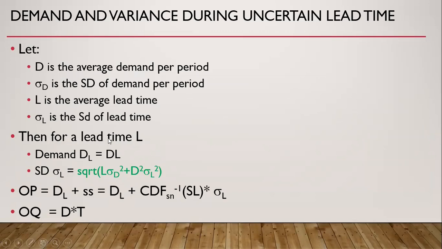So then for a particular lead time, demand is D multiplied by L and the standard deviation of demand during lead time is given as this term. So the order point becomes this in terms of standard normal distribution when the distribution is normally distributed. And this is the order quantity.